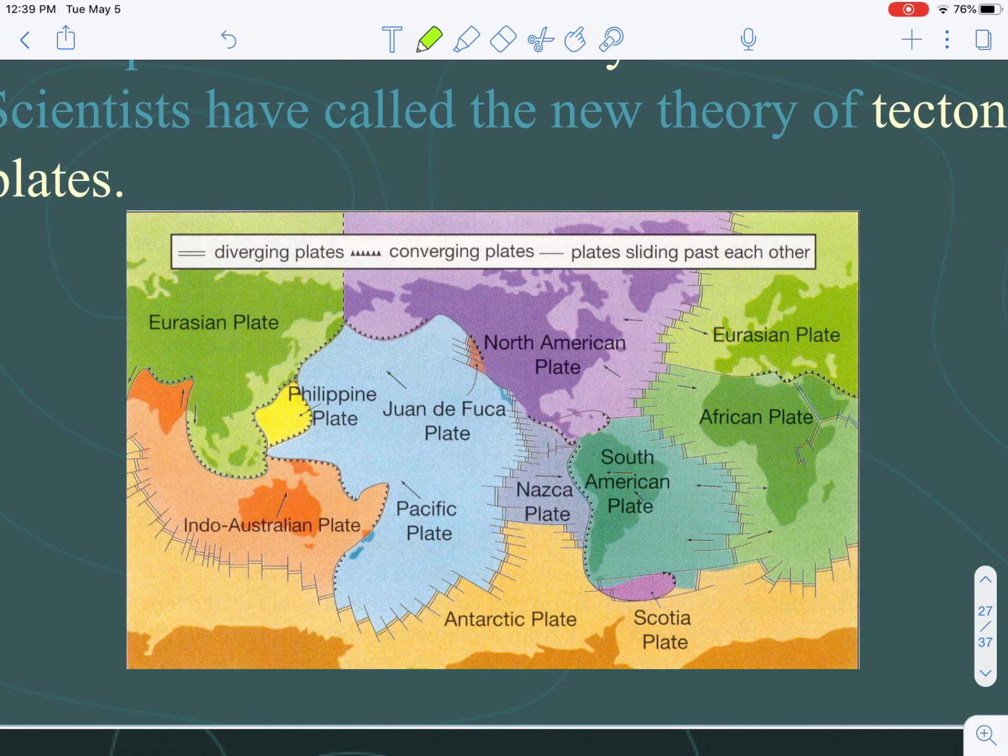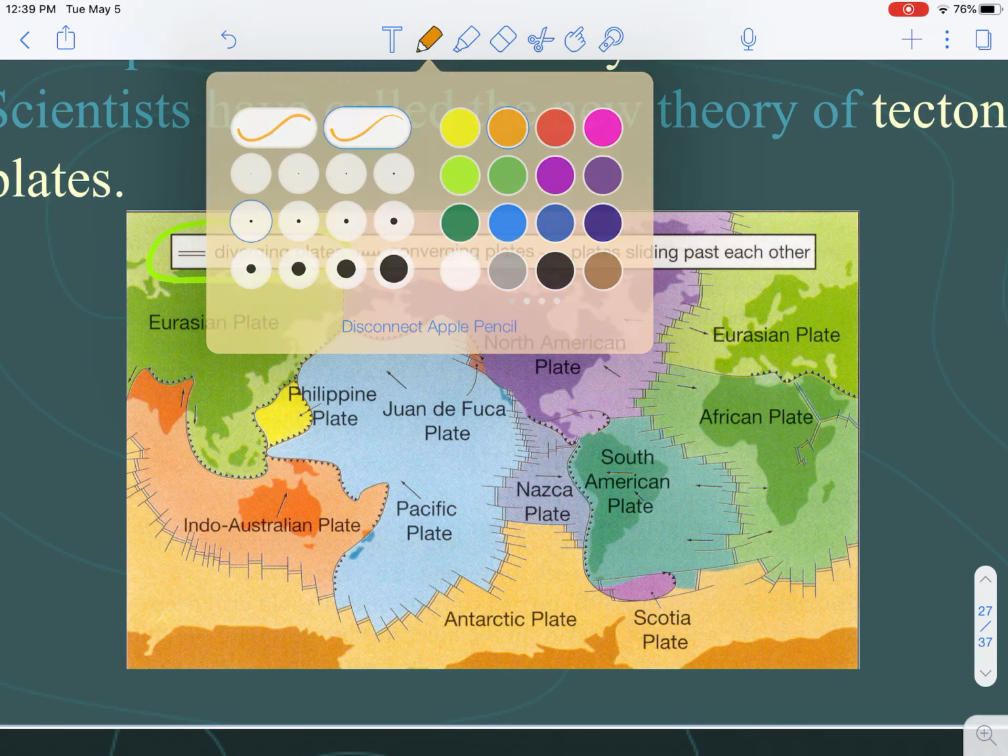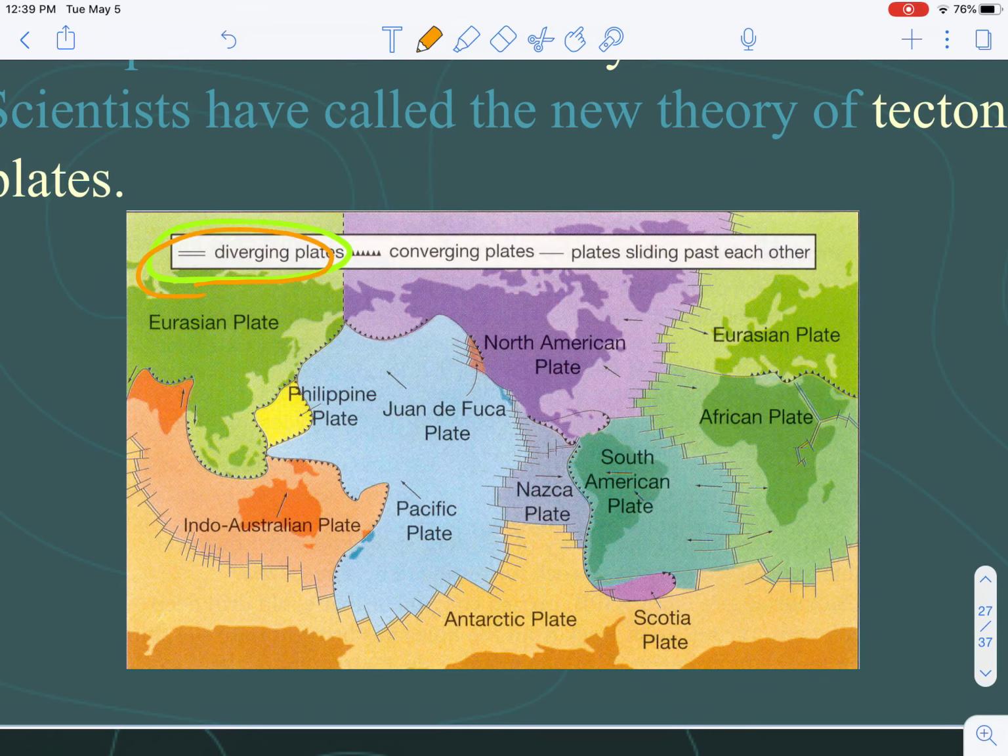And the plates that they have separated our globe into are constantly moving. And this is an interesting picture to examine, because where there are these two lines, we're looking at spots where the plates are diverging, which means they're moving apart from each other.